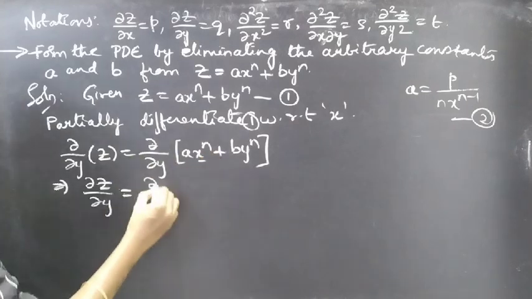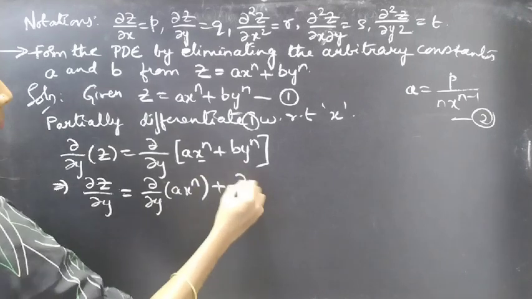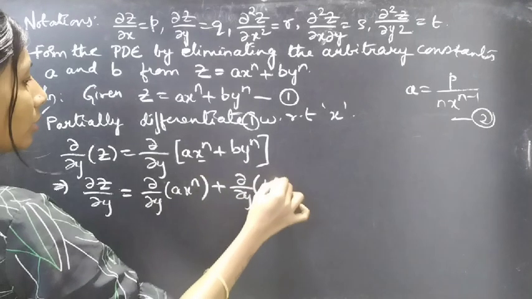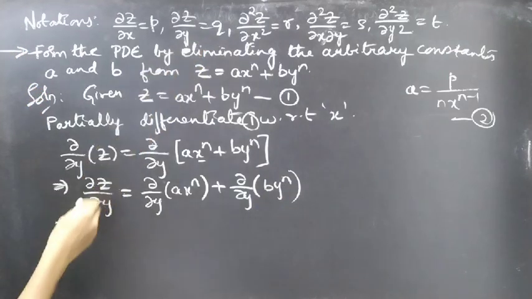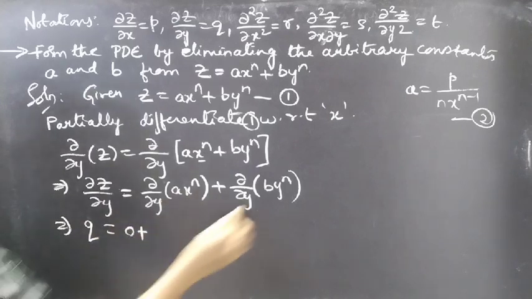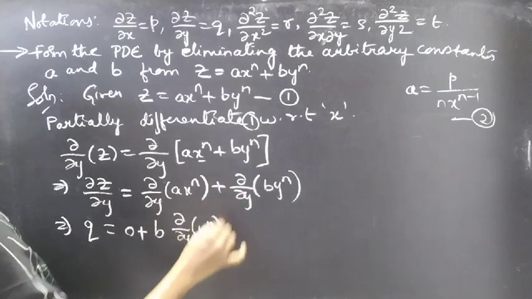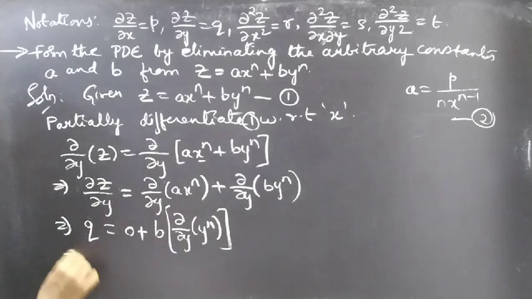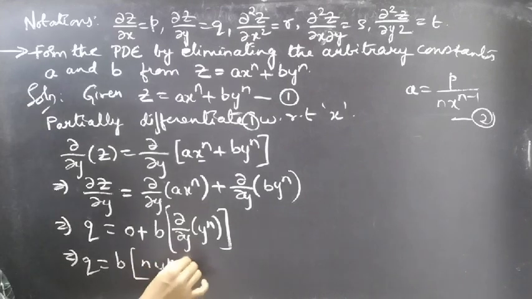So we have a constant in the first term, ax power n is a constant, plus the second term. We have a notation dou z by dou y equal to q, so let's replace it by q. We'll get q equal to the partial derivative of a constant with respect to y, which is 0, plus the constant b into dou by dou y of y power n, which gives us q equal to b into the partial derivative of y power n with respect to y, which is n into y power n minus 1.